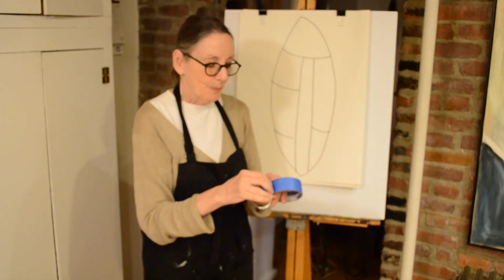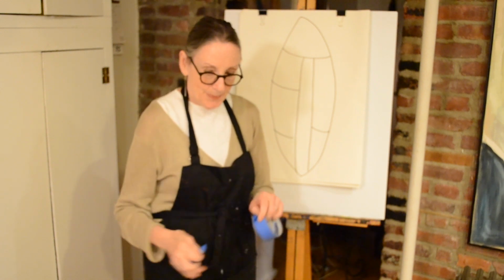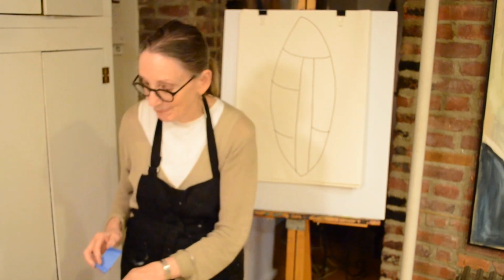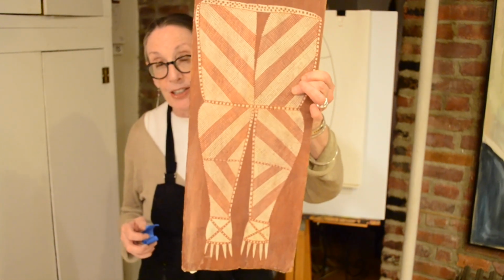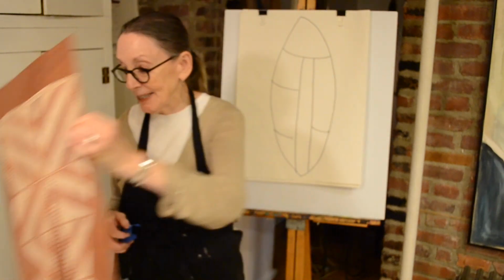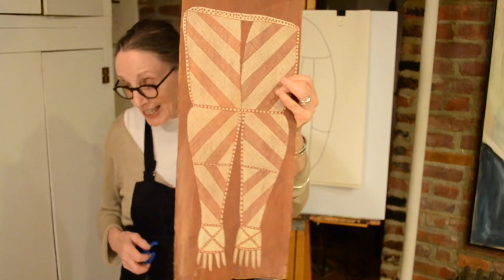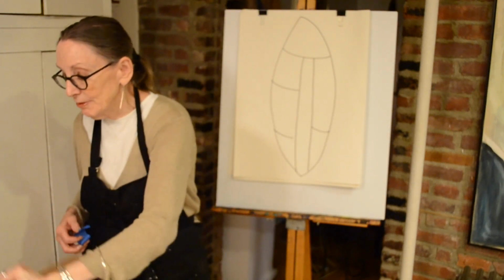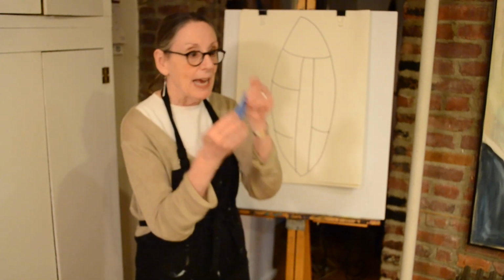Tape. One of the useful things that you can use tape for, if you are in love with the crosshatching that you see in the traditional painting, and notice the very fine lines that the artist actually did, and you're wondering, how can I get that kind of fine line detail? Here's how.